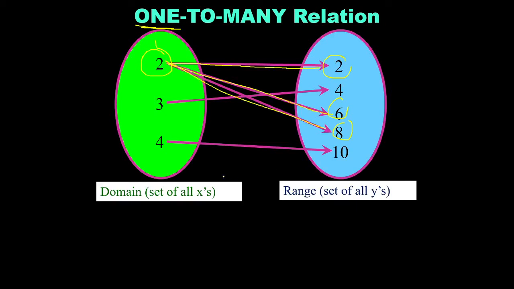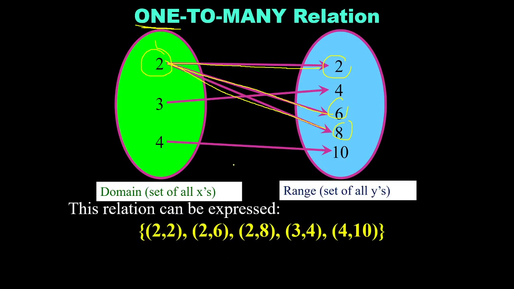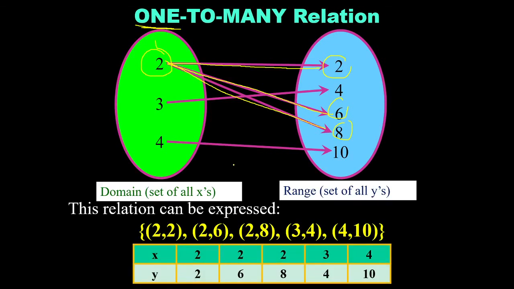Okay? And writing this as a set of ordered pairs, you have here (2, 2), (2, 6), (2, 8), (3, 4), (4, 10). Using a table, you have here 2, 2, 2, 6, 2, 8, 3, 4, 4, 10. And I'm gonna ask you this. What is repeating in a one-to-many relation?